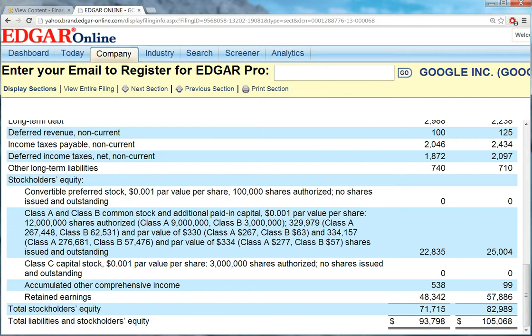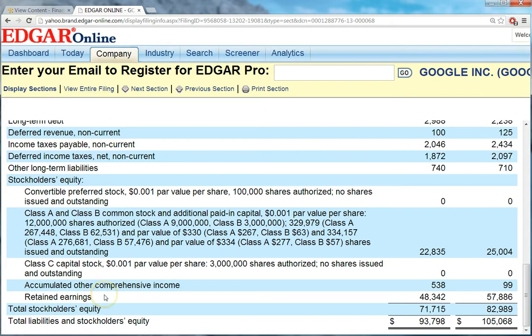Now, there is some discretion in how that all gets put together, and we see that Google has once again gone away from the standard sort of organizational structure. They do list their capital stock first, and then they have accumulated other comprehensive income, and then they have retained earnings.